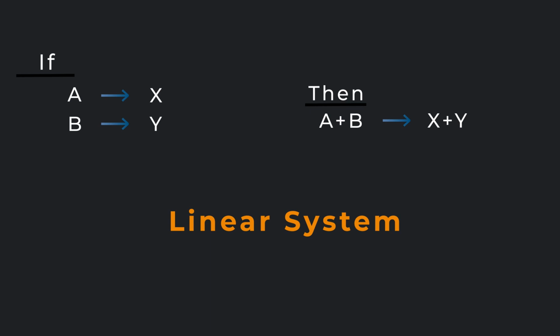Now, in the context of electrostatics, we can state the superposition principle like this. The electric field created by 2 point charges at some point is the vector sum of the individual contributions from each charge. Let's break it down. Imagine if only charge Q1 was present. It would create its own electric field. Let's call it E1.